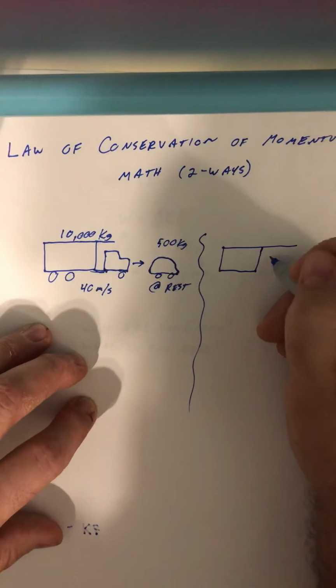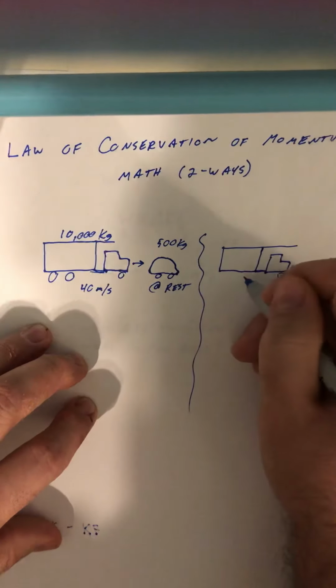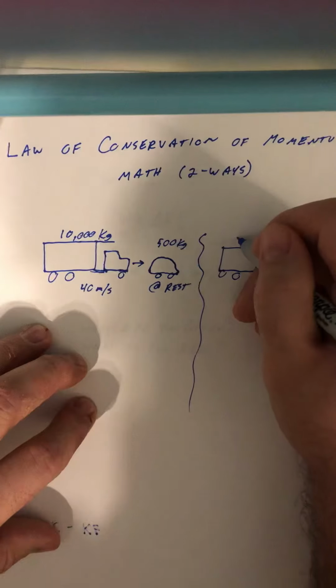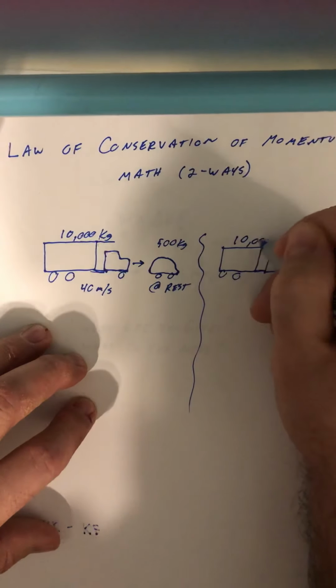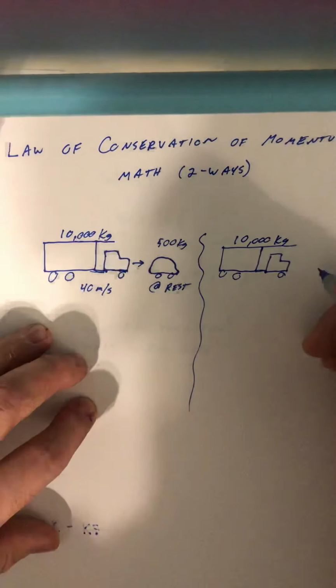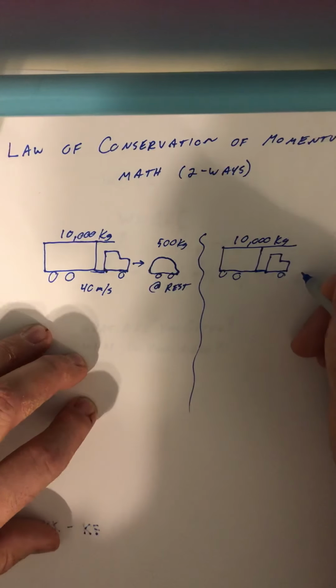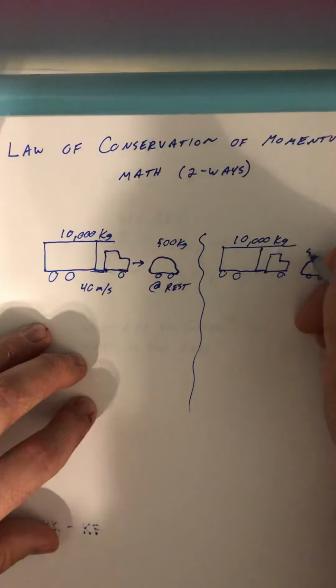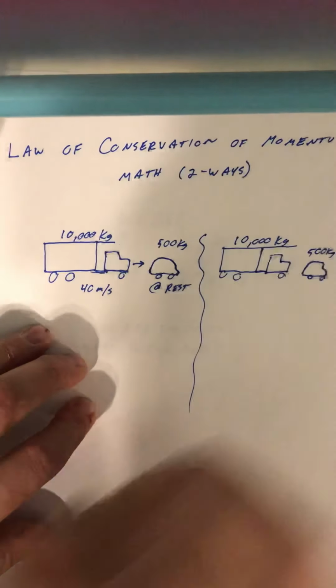Probably a little bit of front end damage, but it's still a dump truck, and in all honesty, it's not going to lose weight. So it's still going to have its 10,000 kilograms. And we'll have our smart car. Once again, probably a little bit of damage, but I don't need to draw that in. This isn't an art class. It's still going to have 500 kilograms of mass.